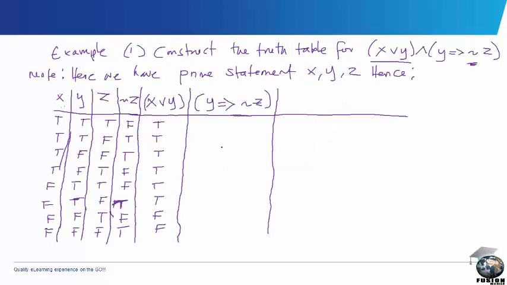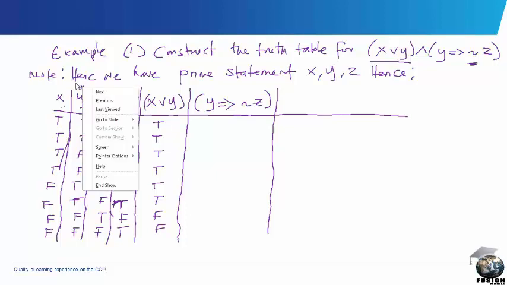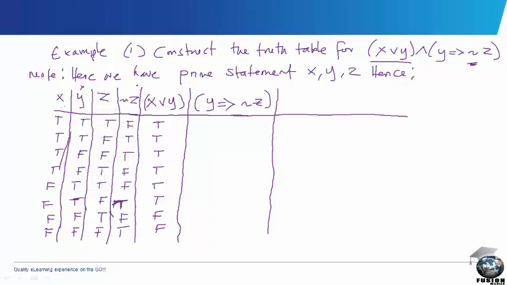So we apply the same here. And what happens here for y and negative z? We are considering this row, and the negation. All right, so when it is true for the statement and false for the second statement, it is false. And when it is true for the first and true for the second, it is true. And when it is false for the first, it holds for the second, so it is true.